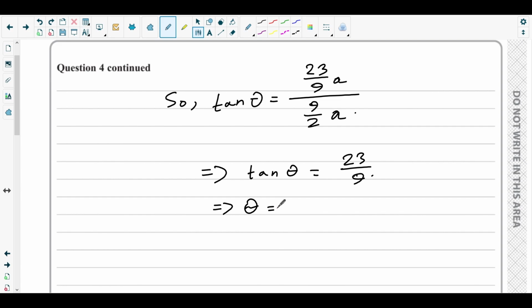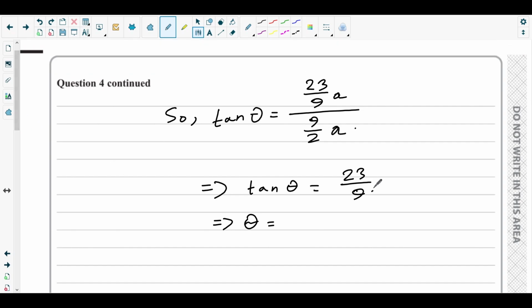Okay, 23/9 divided by 9/2, wait. This gives 46/81. Let me check again. 23/9 divided by 9/2 is 46/81.